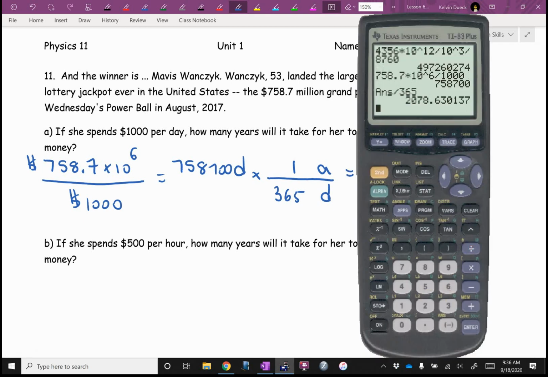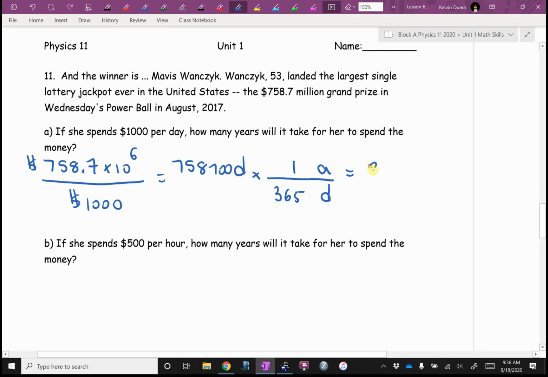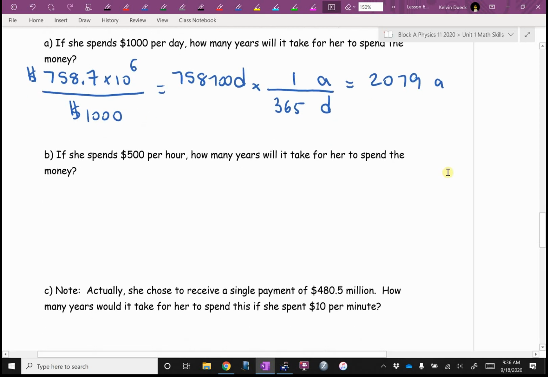If she spends $1,000 a day, can she do that in her lifetime? Not even close. All right, let's kick it up a notch. Suppose she spends $500 every hour. How many years will it take?